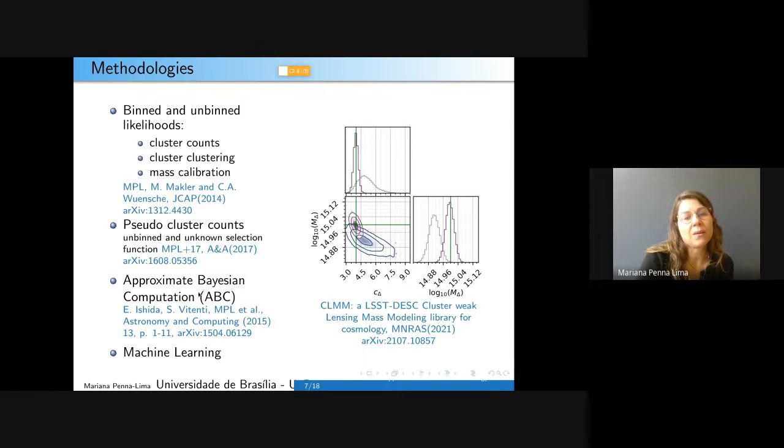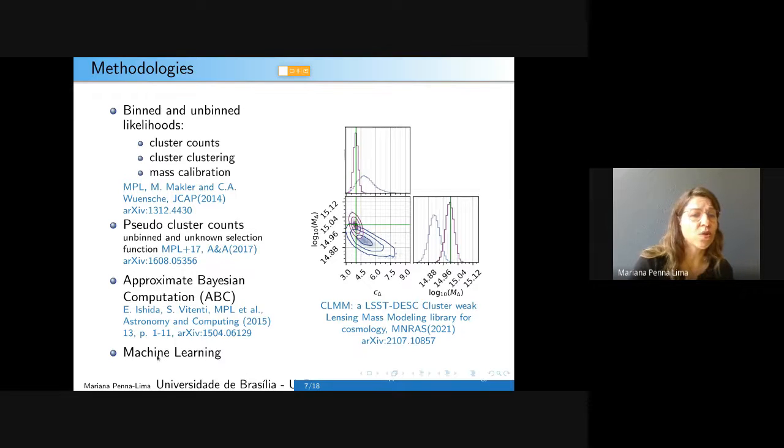In this work, we compare the unbinned cluster count with the ABC methodology. As an example, when you have a case where you don't have a likelihood, or it's too difficult to build a likelihood, you can use the ABC method to explore the cosmological parameters given the cluster count information. Okay.